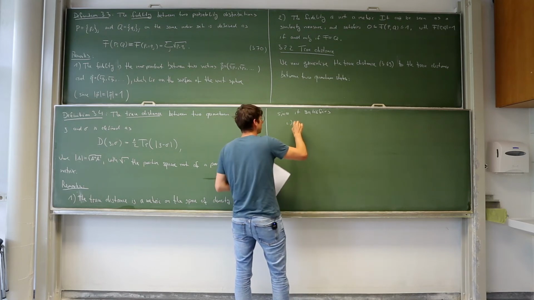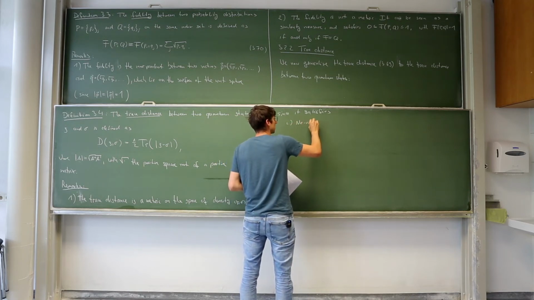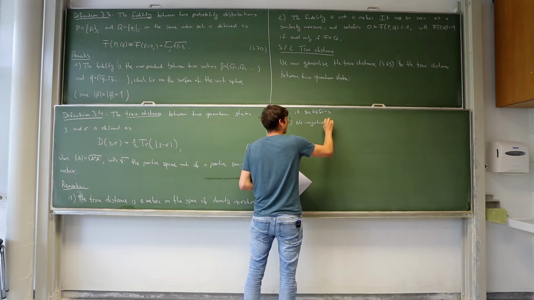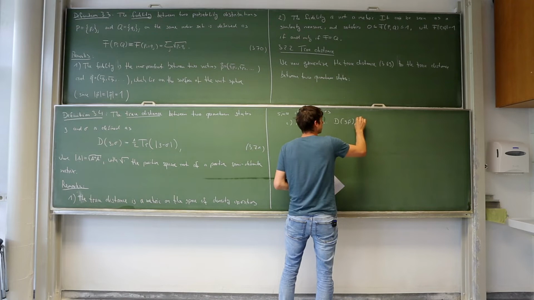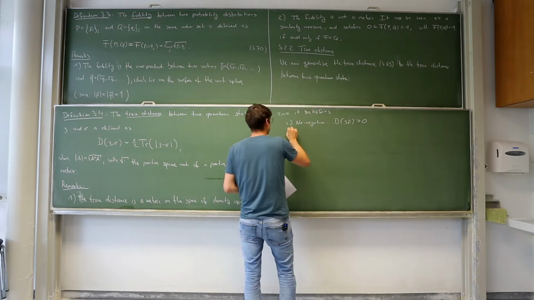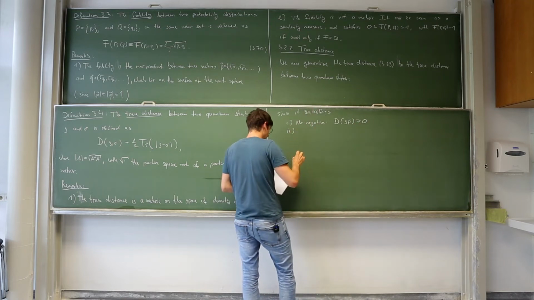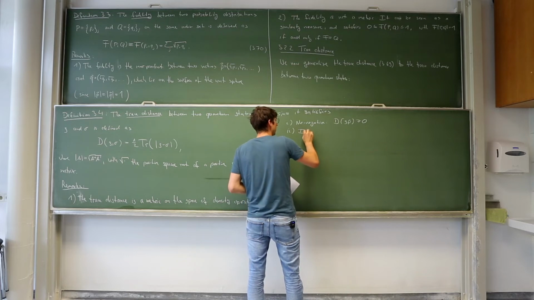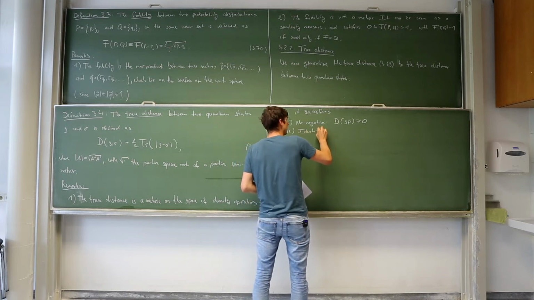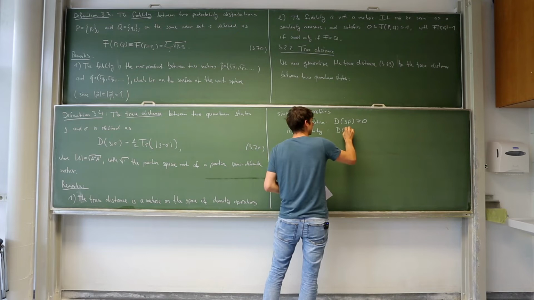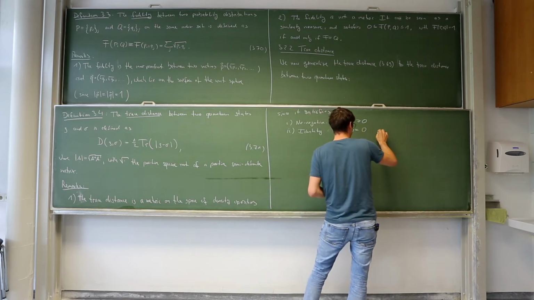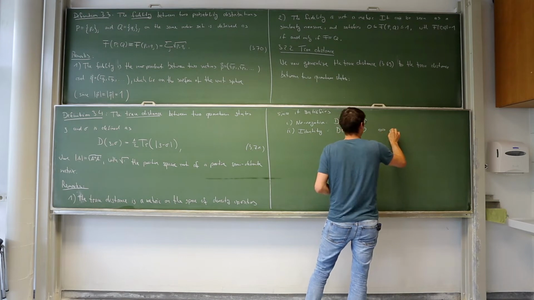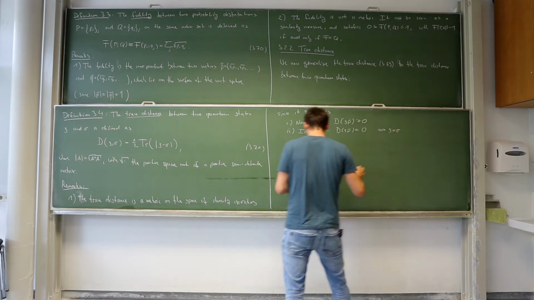again, we have non-negativity, meaning that d of rho sigma is greater or equal to 0. Then the second property was the identity, namely that d of rho and sigma is equal to 0 if and only if rho is equal to sigma.